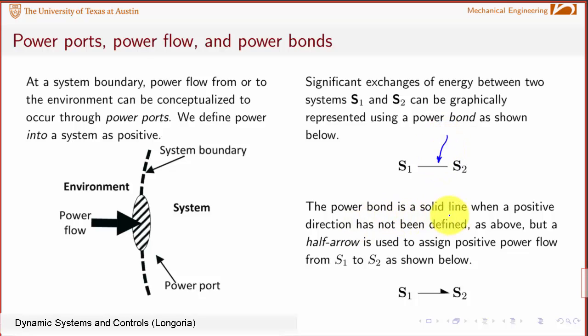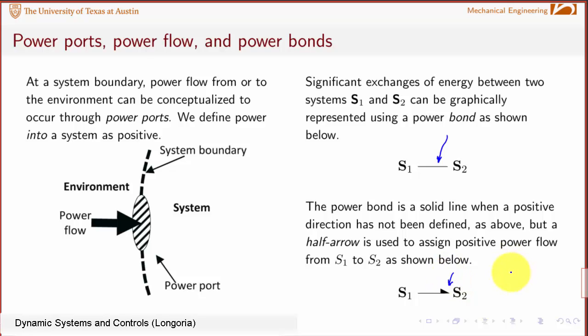The power bond is just a solid line. And when you have a positive direction, and so this is showing no sign definition, but we could have a preferred sign convention, and if we do have that defined, in bond graph notation we use a half arrow, as you can see here.